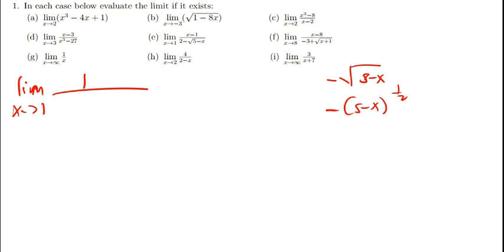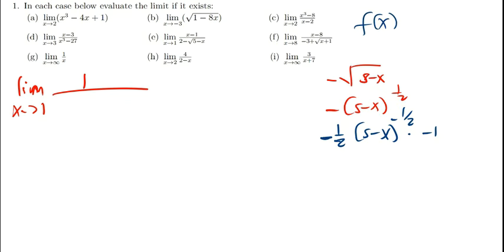Differentiating this, I'll use the chain rule. You drop the power, keep 5 minus x constant, then the power reduces by 1 to negative half, times the derivative of what is inside, which is negative 1.